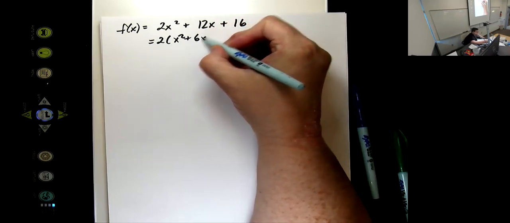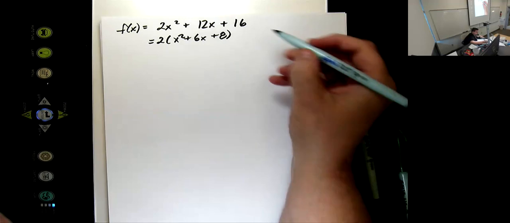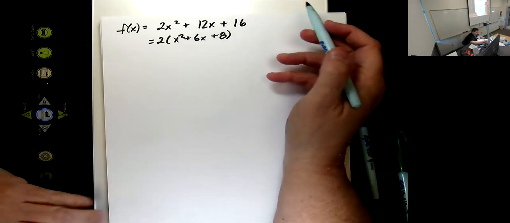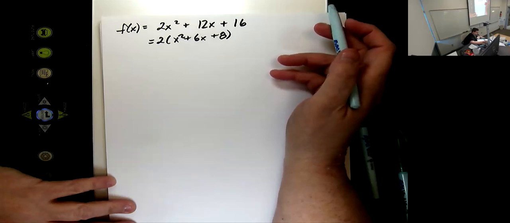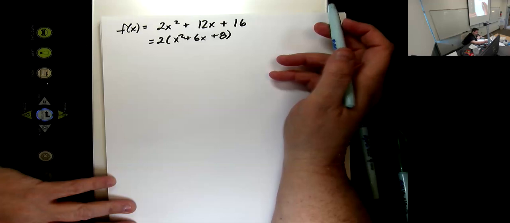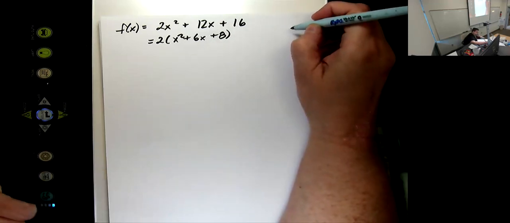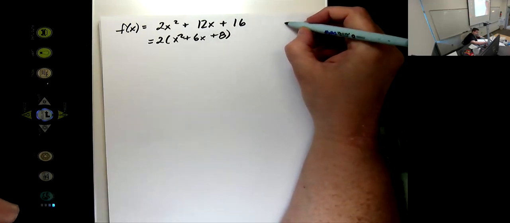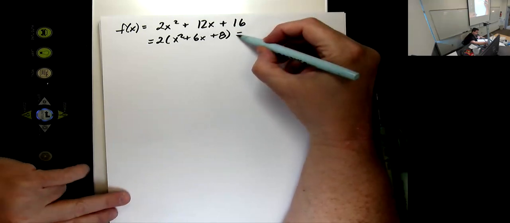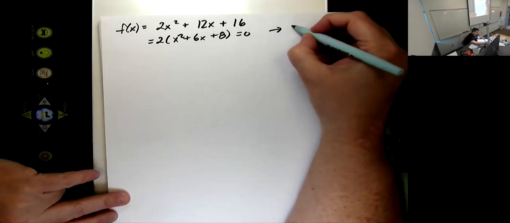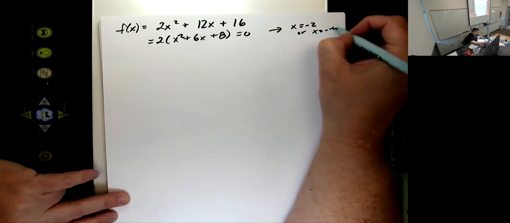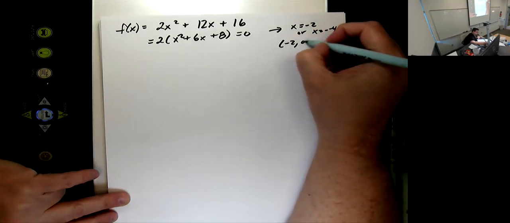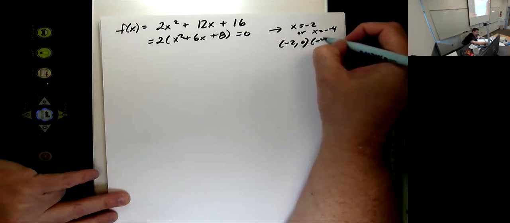So this looks just like the other one, but we have it multiplied by 2. Our roots are still going to be at the same spot. Zeros, if I set that equal to 0, we still get x equals -2 or x equals -4 by factoring, and we get (-2, 0) and (-4, 0).